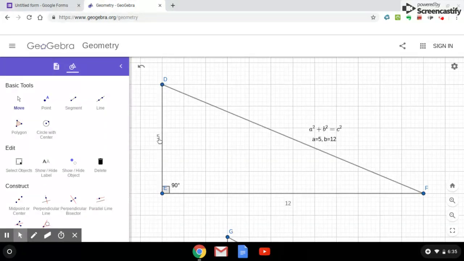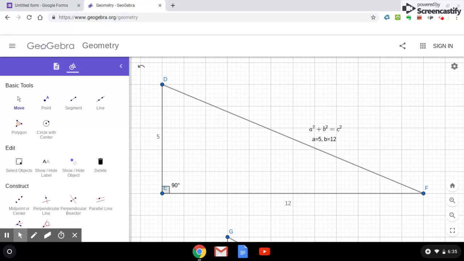We have our legs. We see that we have a 5 for a leg and we have 12 for a leg. So those are our A and B. And then we have our equation, but we don't know our C value. So we're going to figure that out.